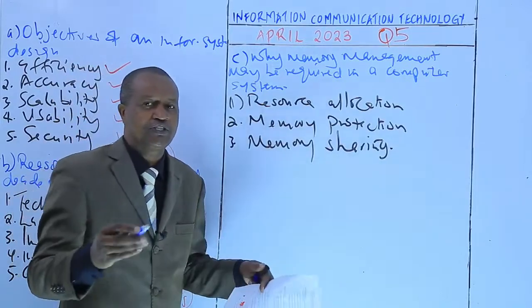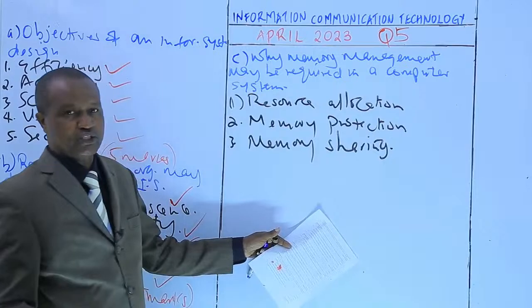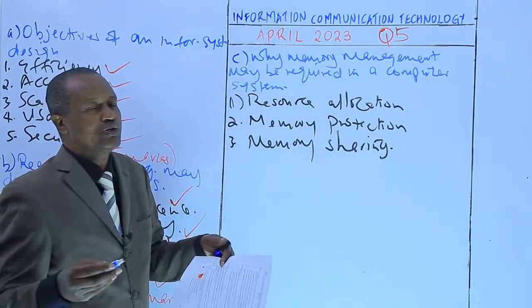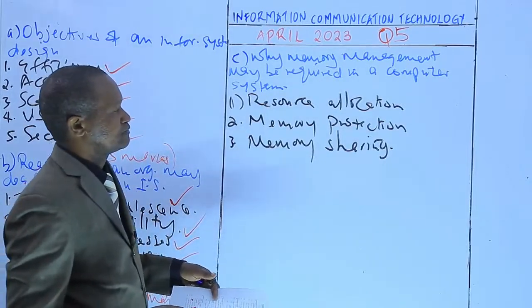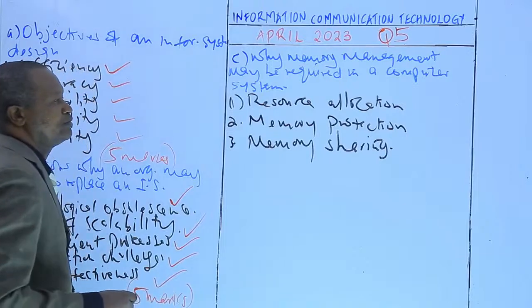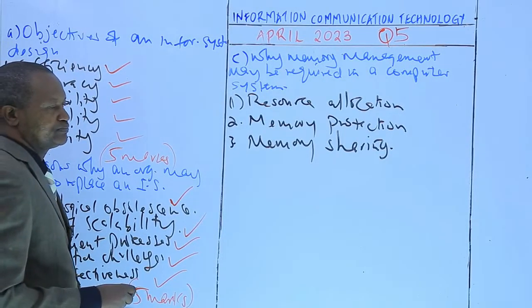And that improves efficiency by reducing duplication of memory resources and enabling what we call inter-process communication. So memory sharing is another reason why memory management may be required in a computer system.